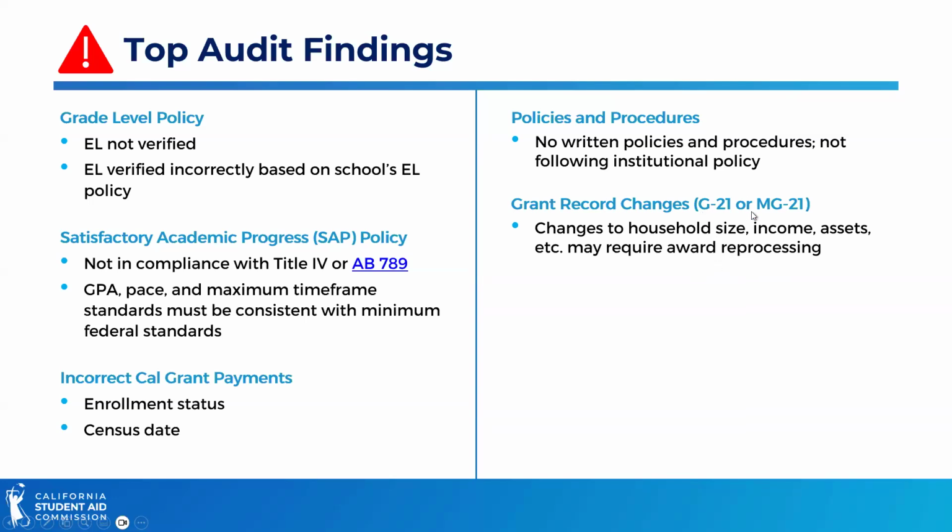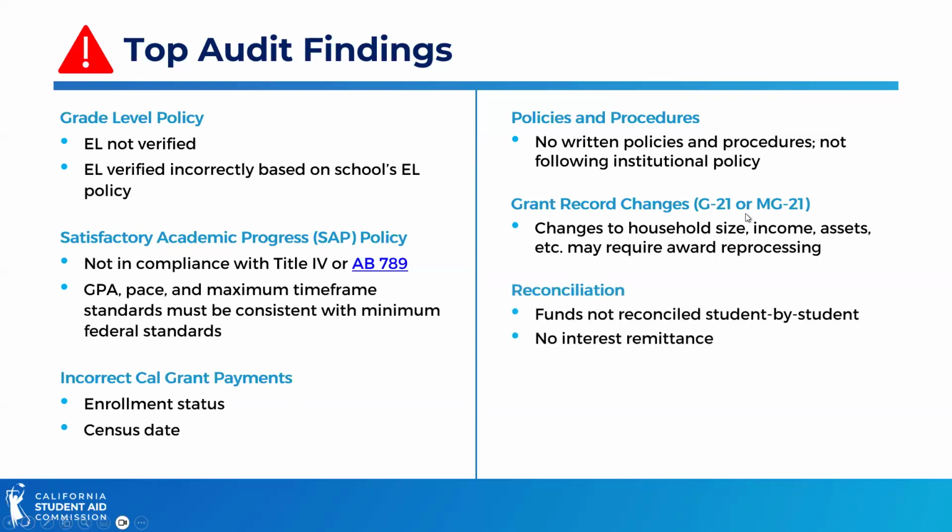So we need those changes reported through the grant record change process. And that way we can reprocess that Cal Grant and hopefully the student remains eligible, or perhaps they were initially found to be ineligible when in fact, due to the G21 changes, it then makes your student eligible. So super important that we get those things reported through G21.